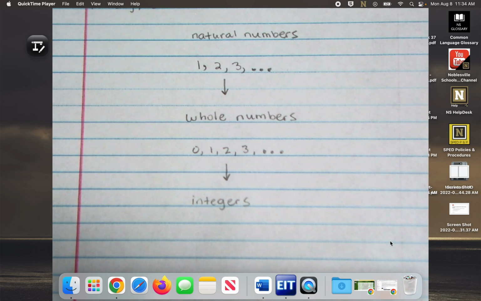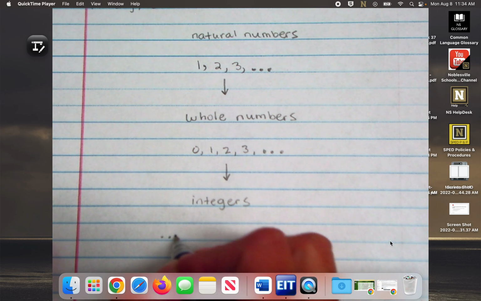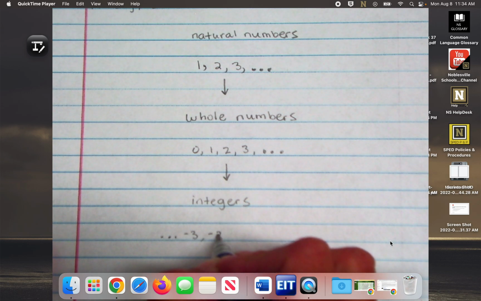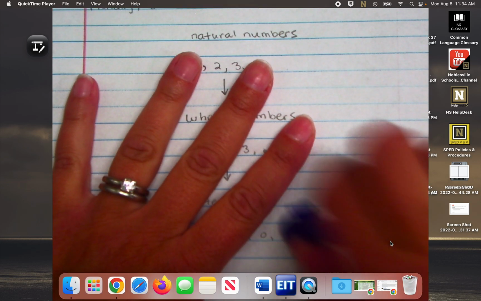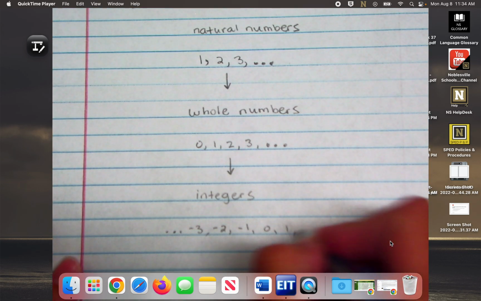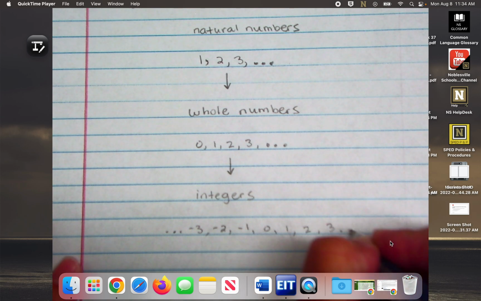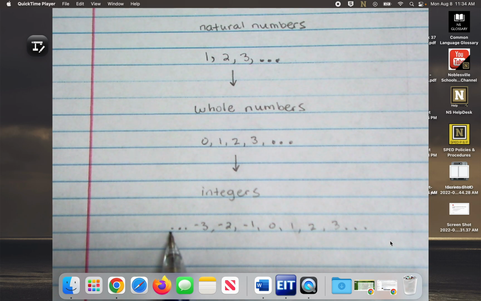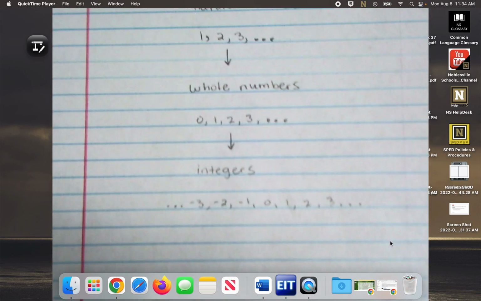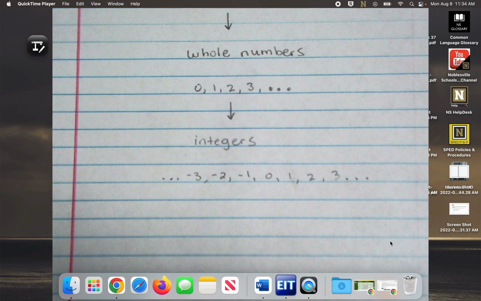Negative numbers. So now we have all of these negative numbers and our whole numbers, which also includes some of our natural numbers. And these ellipses here just mean that also -4, -5, -6, and so on. And this goes to 4, 5, 6, and so on. So we start out with our naturals, then we add the 0, then we add the negatives, which are integers.